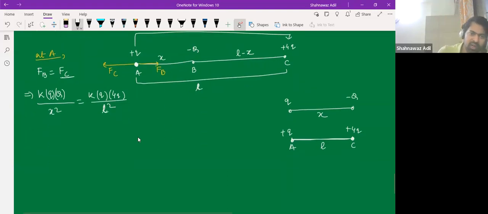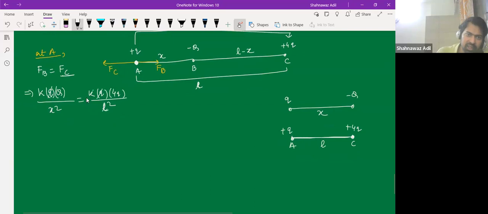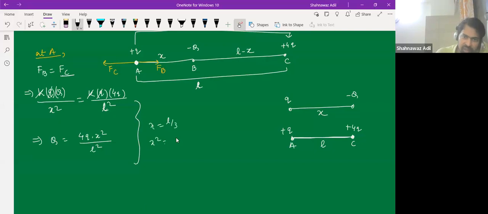Good, so now K will cancel, Q will cancel, and we get 4Q into x square by L square. And we already know the value of this x. x was how much? L by 3, right? So x square would be L square by 9. So 4Q and L square by L square into 9.